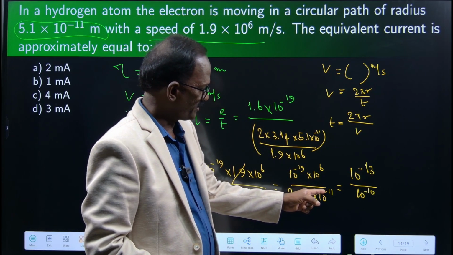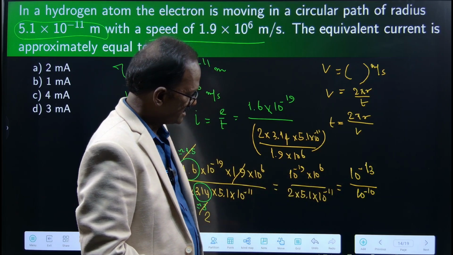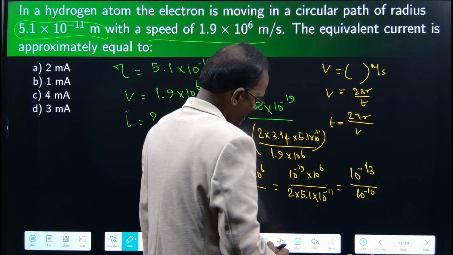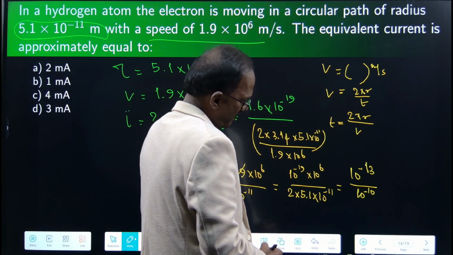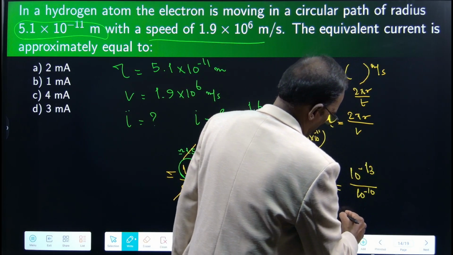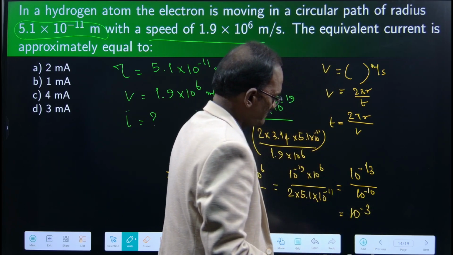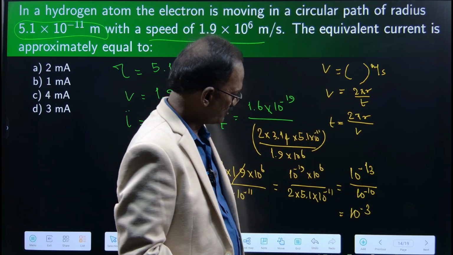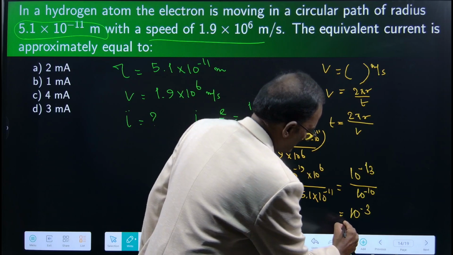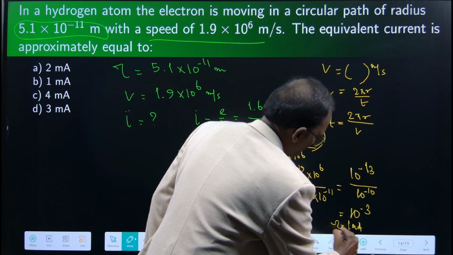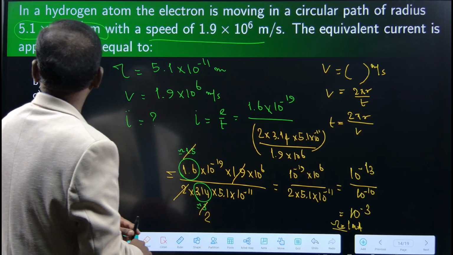I am reducing 1 power, minus 11, so this is 10^-10. If the 10^-10 goes up, 10^-3. So this is 1 milliampere approximately. The answer is approximately 1 milliampere.